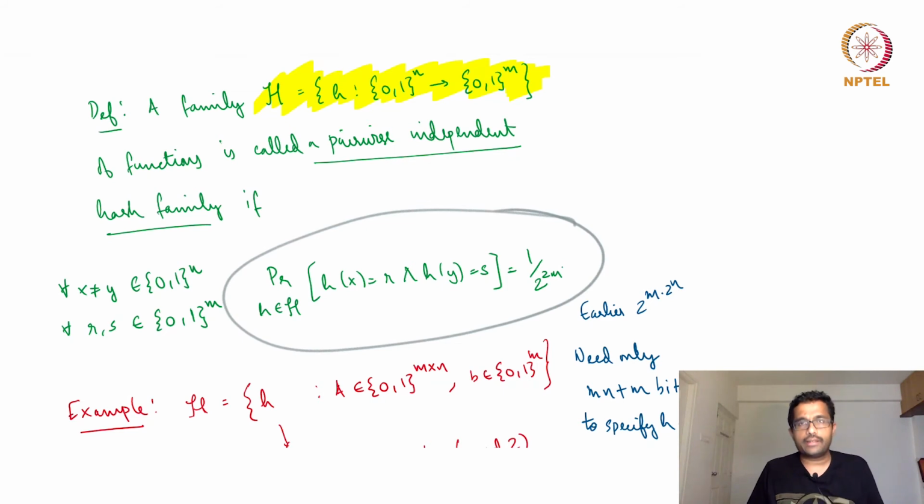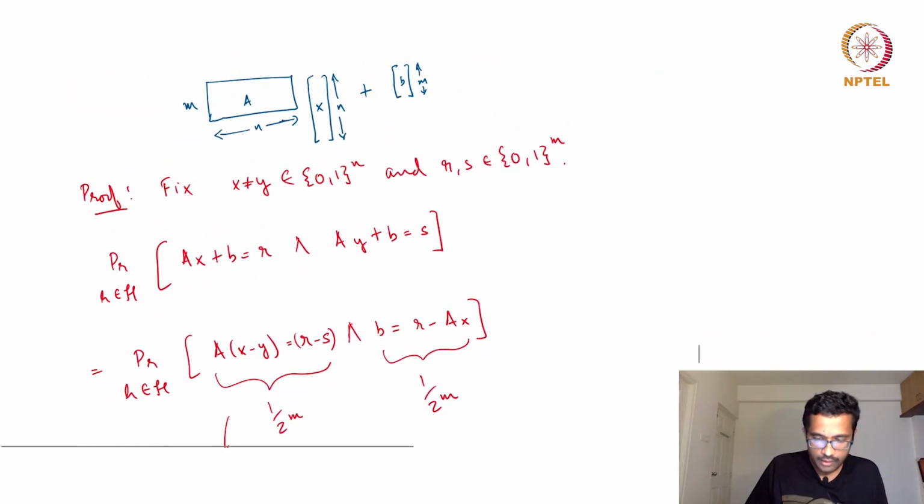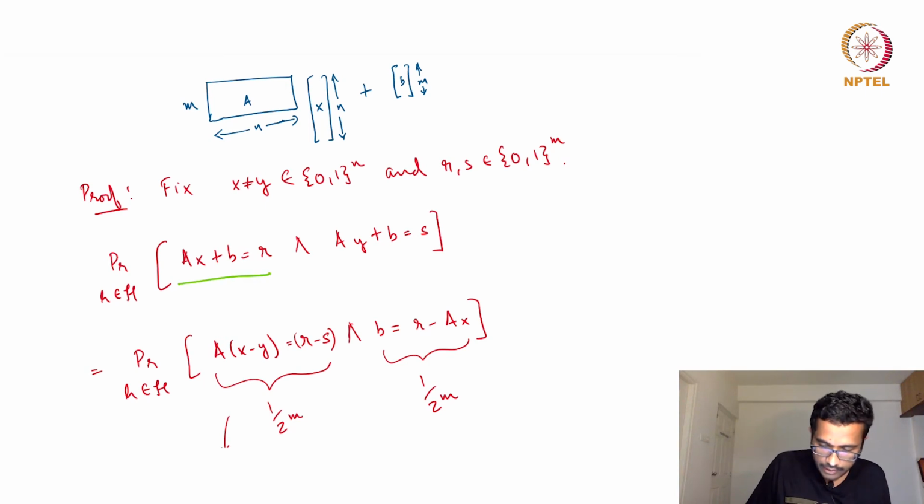When x and y are chosen such that x is not equal to y, and r and s are chosen, the probability of this happening is 1 by 2^(2m). So suppose we choose x and y and r and s in this manner. What is the probability that h(x) is equal to r and h(y) is equal to s? So h(x) is simply Ax plus b, and h(y) is simply Ay plus b. So these two have to be satisfied.